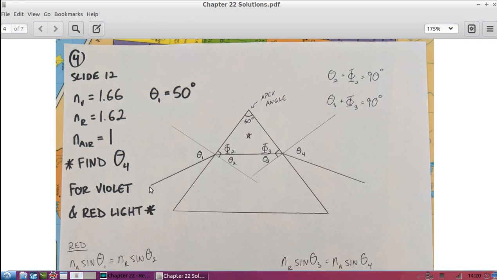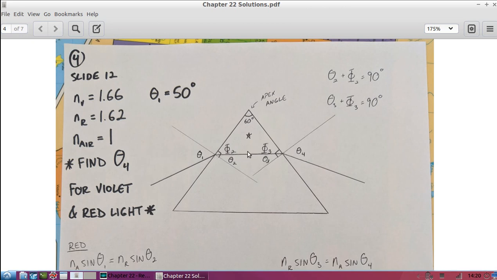Now the white light comes in like this, right? Kind of from down towards the bottom of the prism, it comes up like this. This is my incident angle, sorry. It's measured from that normal line. And then I know it's going from a low medium to a high medium, so it's going to bend towards that normal line, and so I drew it that way.